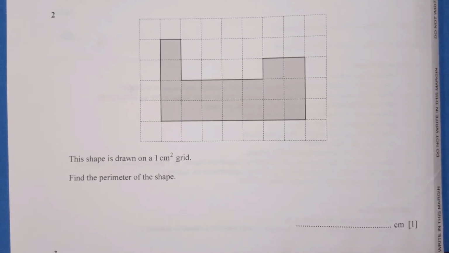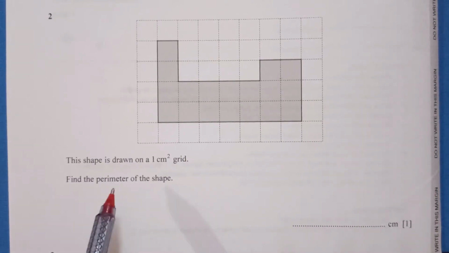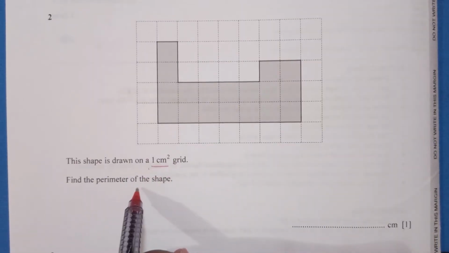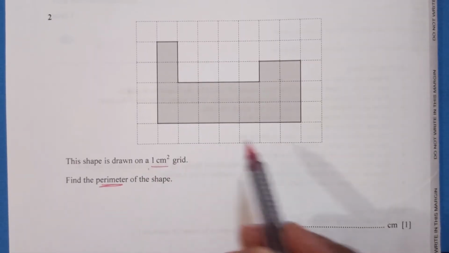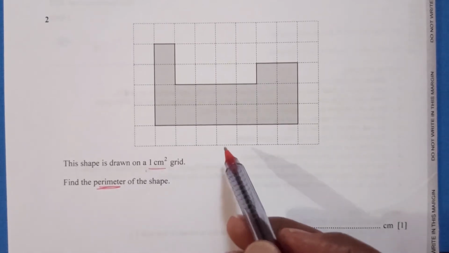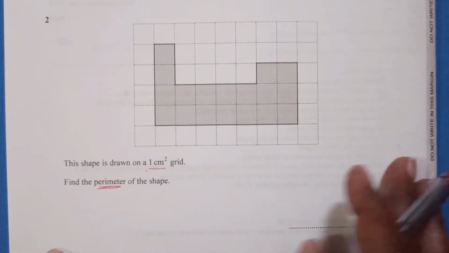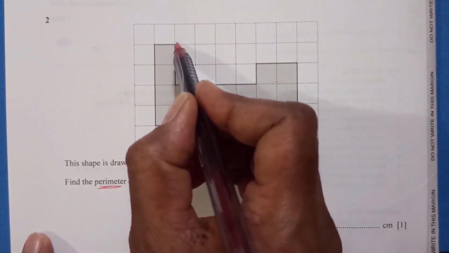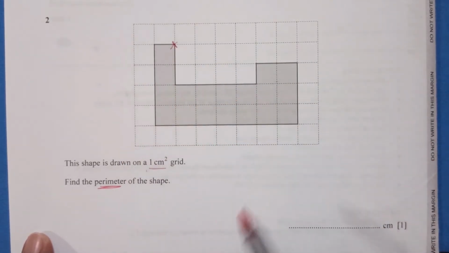Now number 2, you can see there is a shape here. The shape is drawn on a 1 centimeter square grid. Find the perimeter of the shape. We need to find out the perimeter. What is perimeter? Perimeter is the length of the outer edges, the length of the outer sides of the shape.